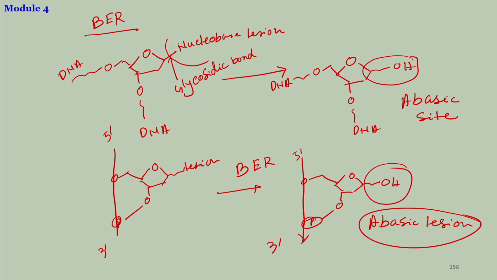So, now how the process looks like. Five prime to 3 prime, all the nucleobases, and here there is a lesion, let us say.